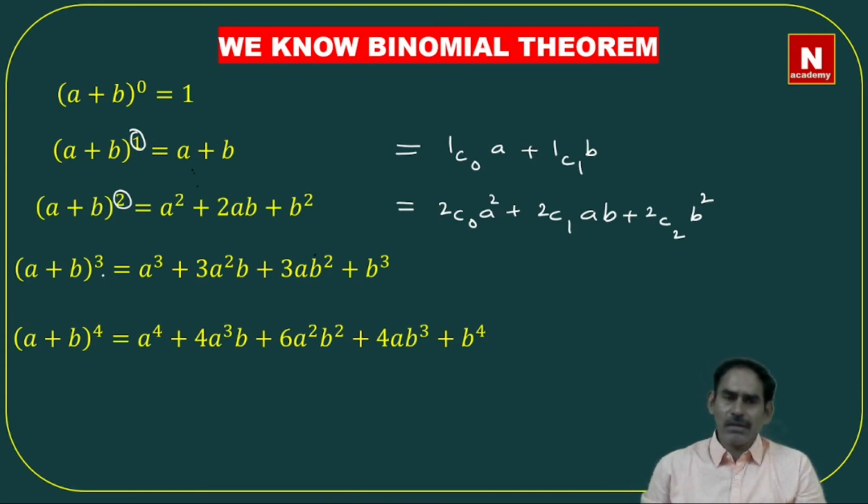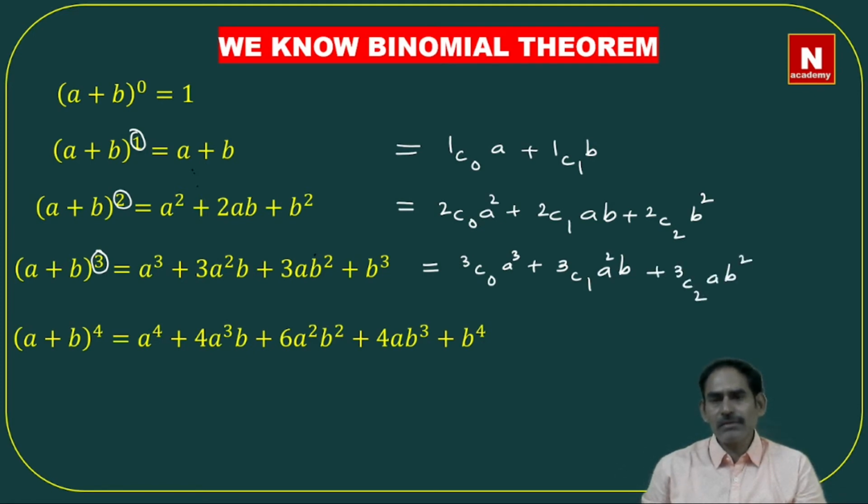Similarly, (a plus b) whole cube. Here the index is 3. With the help of 3, this can be written as 3c0 a cube plus 3c1 into a square b plus 3c2 into a b square plus 3c3 into b cube.